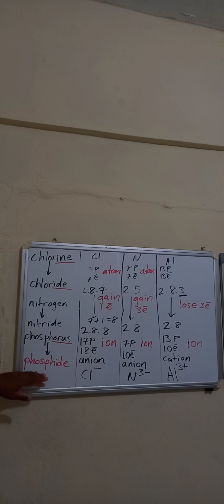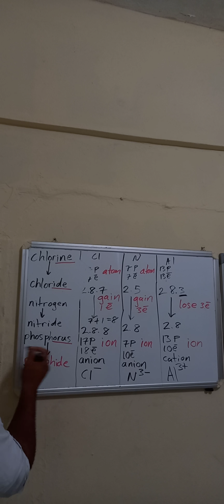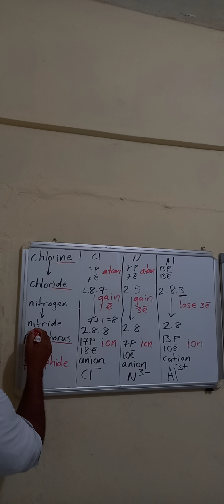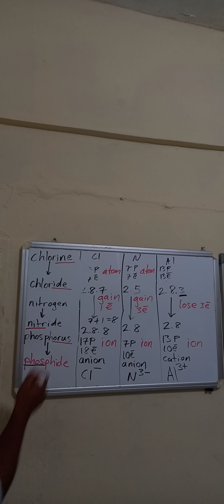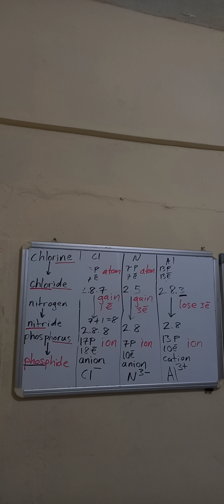So the first part of the name for the negative ion lets you know which atom it is coming from. The phos coming from phosphorus, the nitr part coming from nitrogen, and the chlor coming from chlorine. Alright? So that's it. This is how atoms are converted to ions.